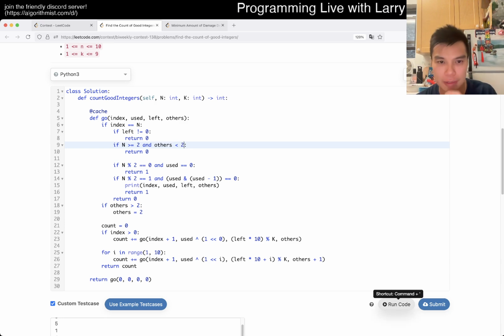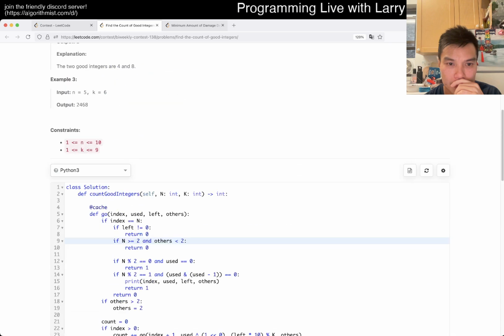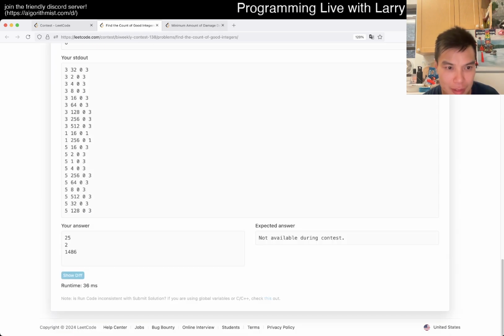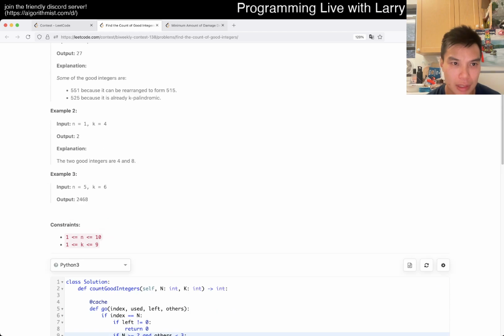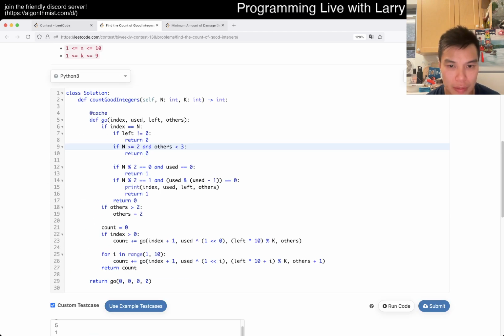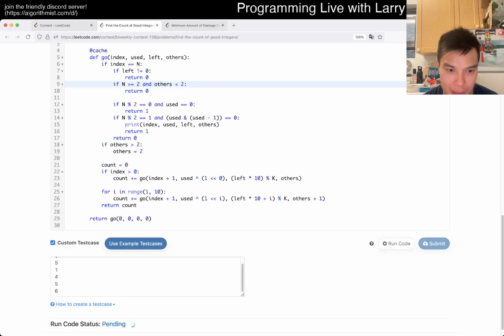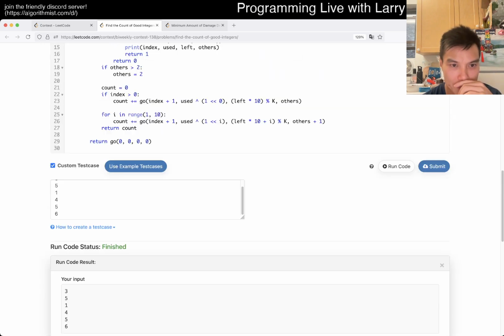But we need... Did I just mess up? Is it just this? No, because then now others have to be equal to 3. So okay. I think it's this, but I don't know why it's still overcounting.